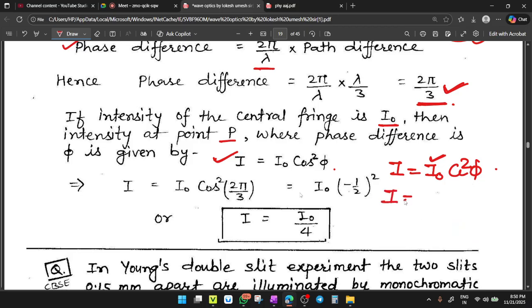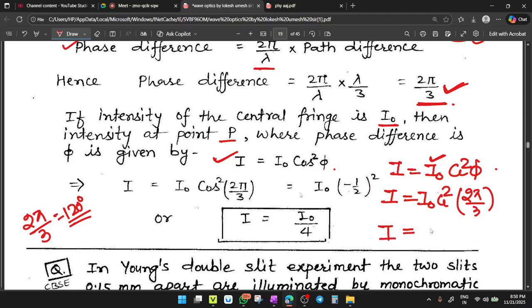Now put the value: I equals I naught cos square 2 pi by 3. Clear? So 2 pi by 3 means how many degrees? It equals 120 degrees. So place here the value of cos 120 degrees, which equals minus 1 by 2. So this becomes I naught into minus 1 by 2, whole square, so this equals I naught by 4. Done?